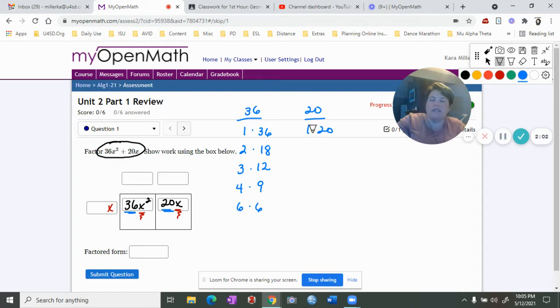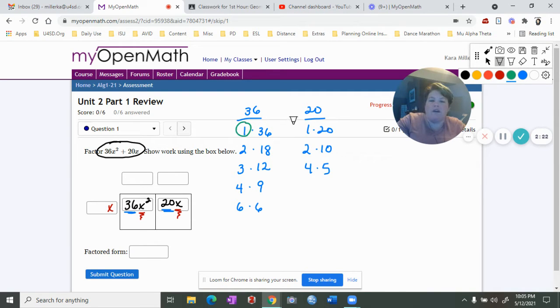Okay, same thing for my 20. 1 times 20, 2 times 10. It's not divisible by 3. It is divisible by 4, and that gives me 4 times 5, and then we just start repeating. So what do they have the same?